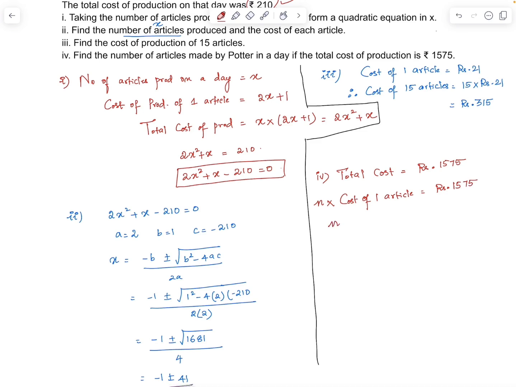So n times, that is what we have to figure out. Cost of one article is rupees 21, which is 1575. So n is 1575 upon 21 and n is 75.